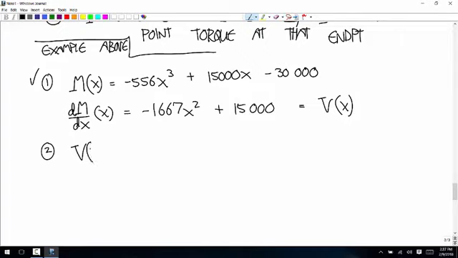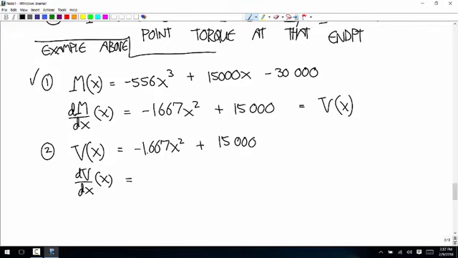The shear force function is what we just wrote: negative 1667x squared plus 15,000. So dV/dx is equal to negative 3333x, and now we want to compare this to the distributed load function.